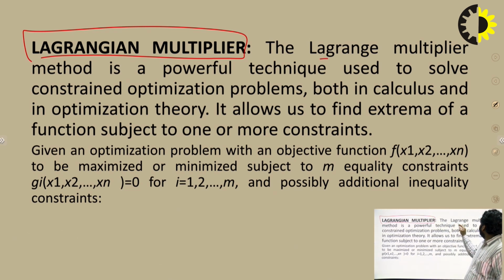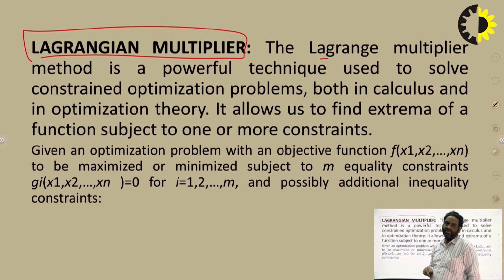So the Lagrangian multiplier method is a powerful technique used to solve constrained optimization problems both in calculus and in optimization theory. It allows us to find extrema of a function subject to one or more constraints.